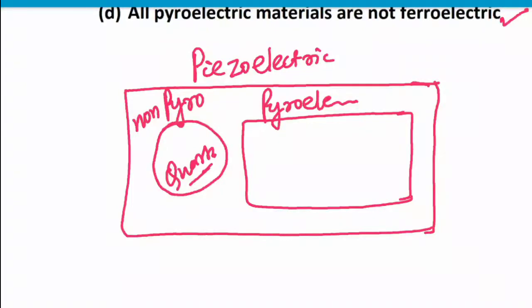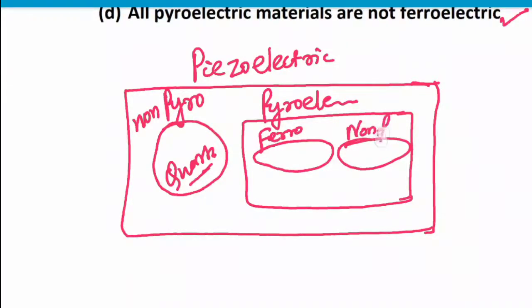And then there is pyroelectric material. Pyroelectric material also can be ferroelectric and non-ferroelectric. This one is ferroelectric and this is non-ferroelectric. For example, ferroelectric: BT, that is barium titanate, BaTiO3, PZT, that is lead zirconate titanate, and this is PT, lead titanate.